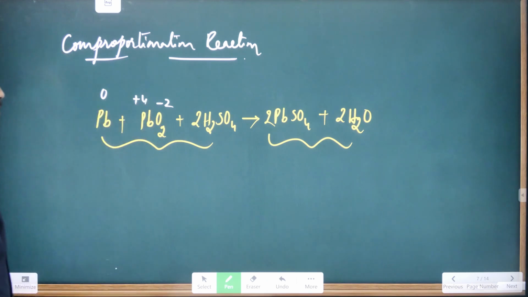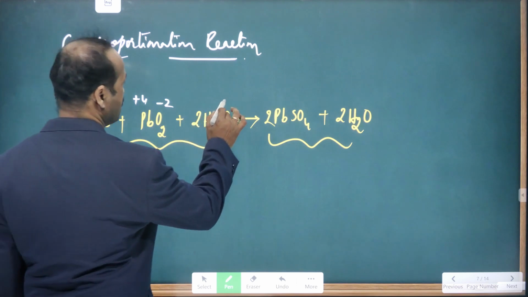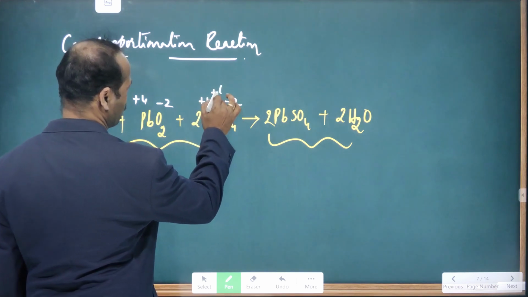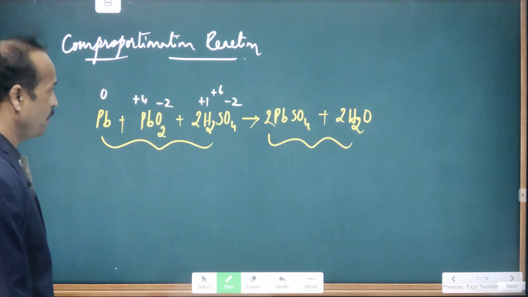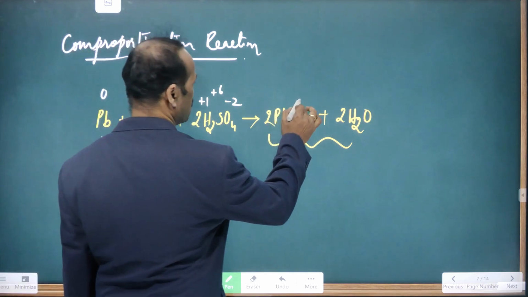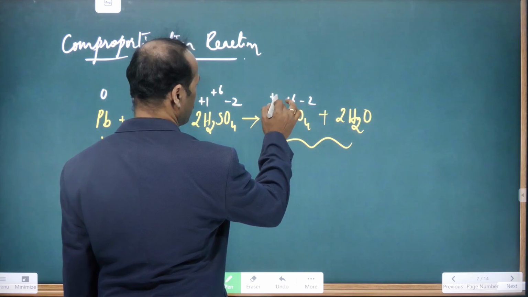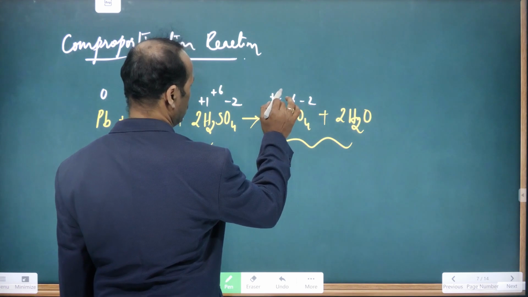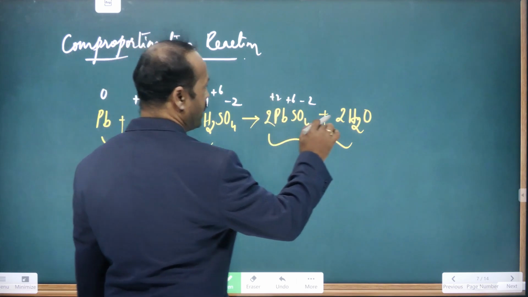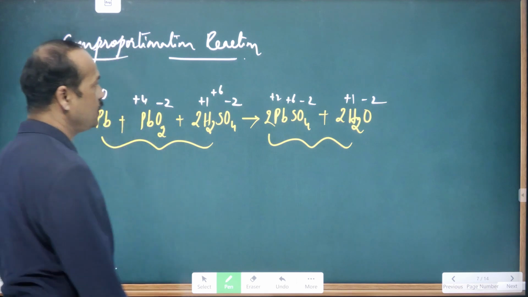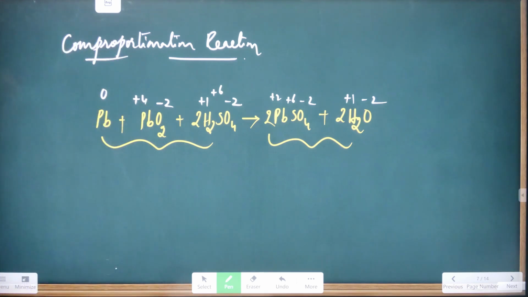Now in H2SO4, oxygen is -2, hydrogen is +1, sulfur is +6. In PbSO4, oxygen is -2, sulfur is +6, and lead is +2. In water, oxygen is -2, hydrogen is +1. These are the oxidation numbers we got here.